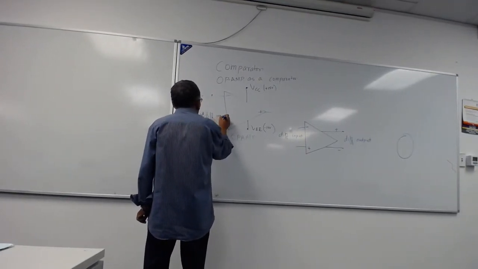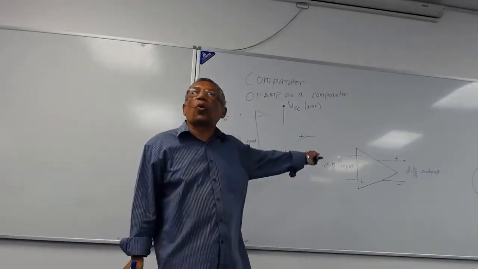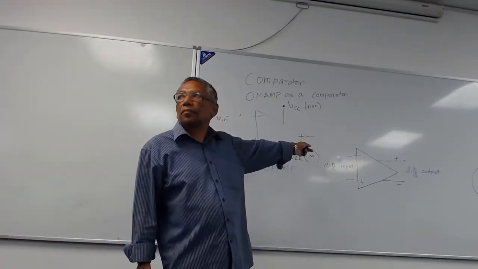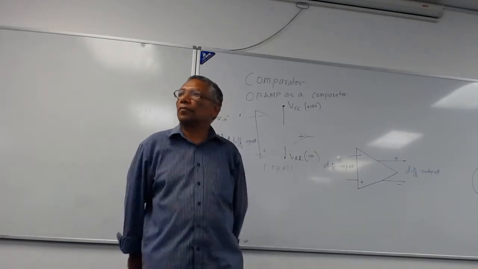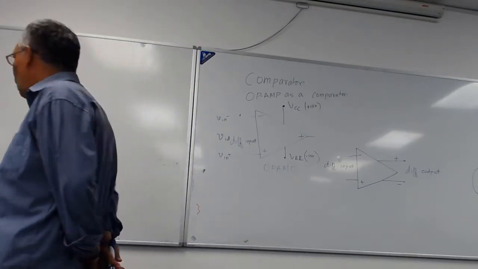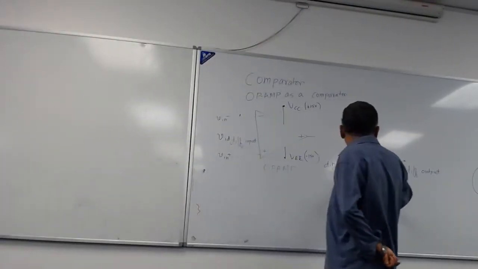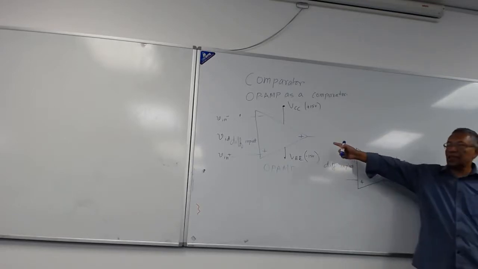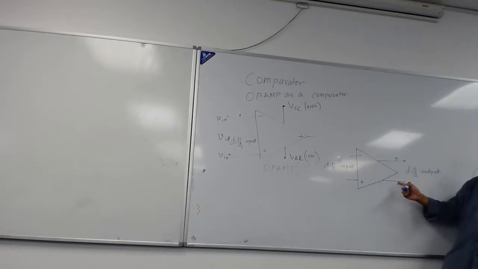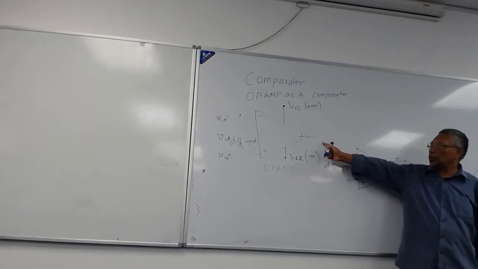And what do you want to call this? A differentiator? No, this is a differential input and a differential output. What would you like to call it? This has two ends. How many ends does this output have? One. What is the other word for one? Singular, single.